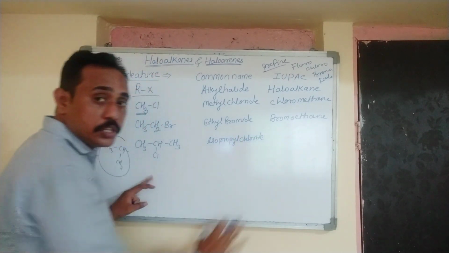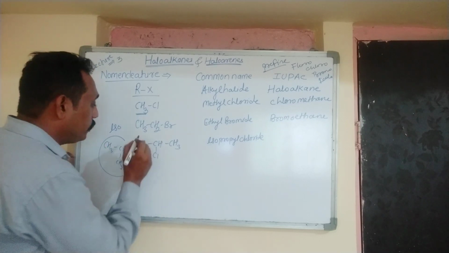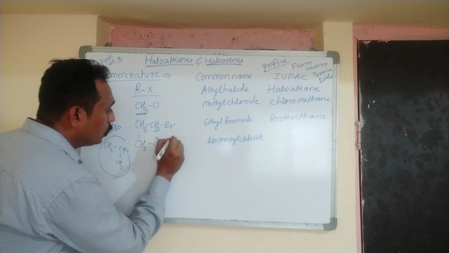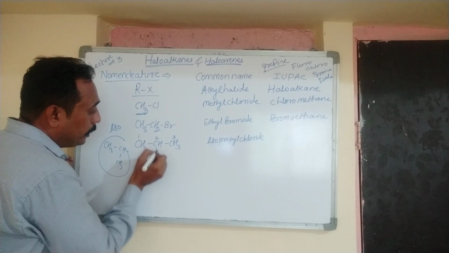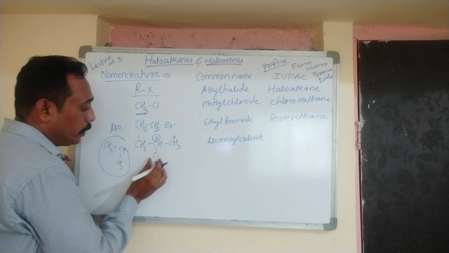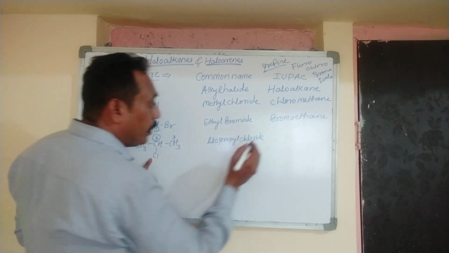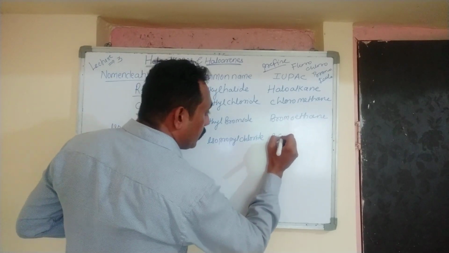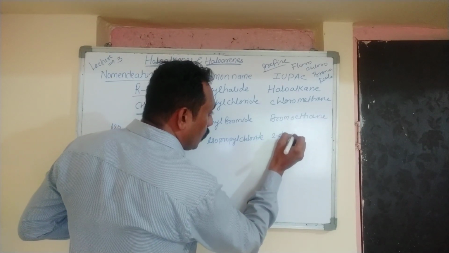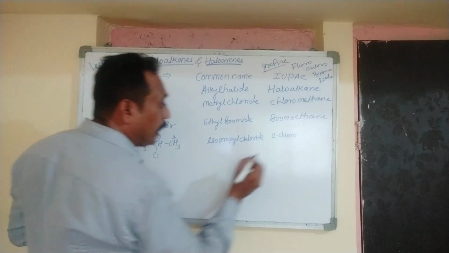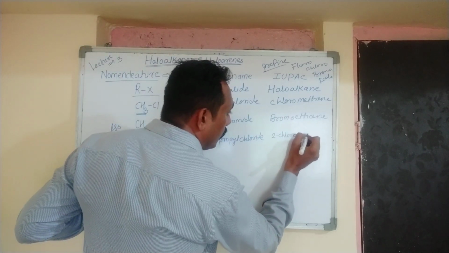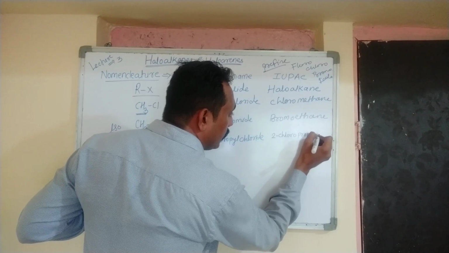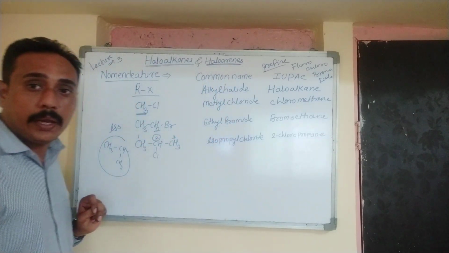But in the IUPAC system we have to number the chain, so we write 1, 2, 3. The locant is at the second position, that is, chlorine is at the second position. So we write the number first, that is 2, then its prefix chloro, and how many carbons are there? 3 carbons, so that's prop, and a single bond is there, that's why ane: 2-chloropropane, right?